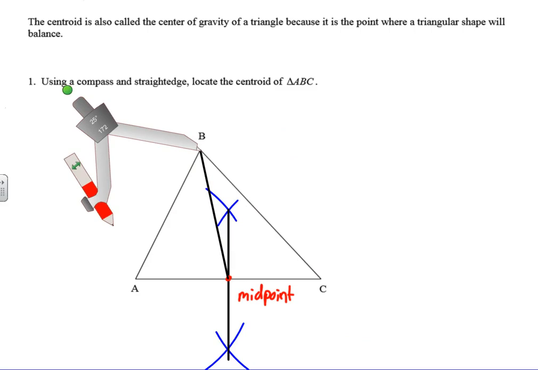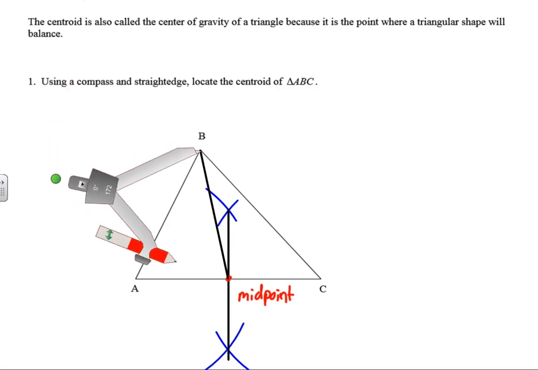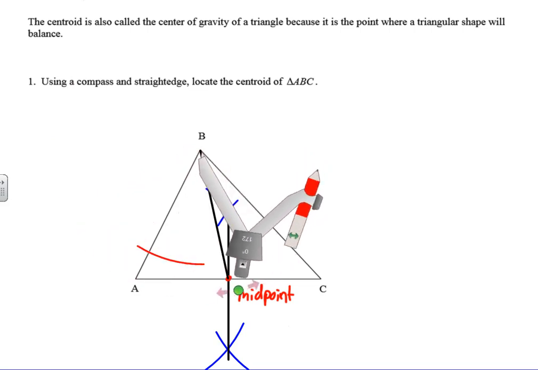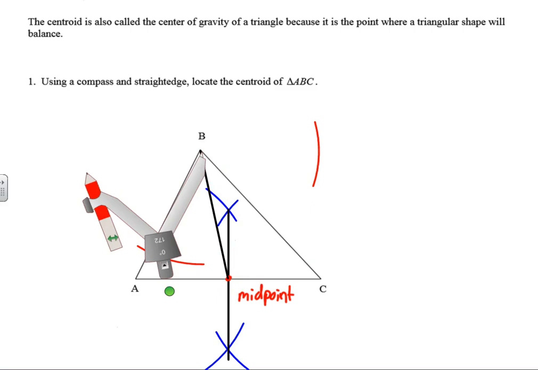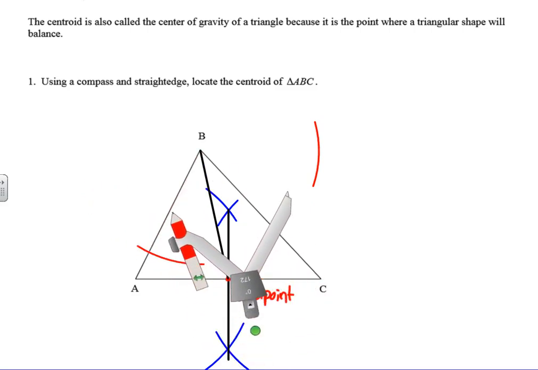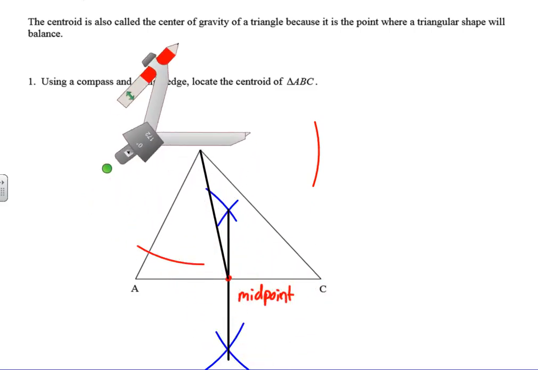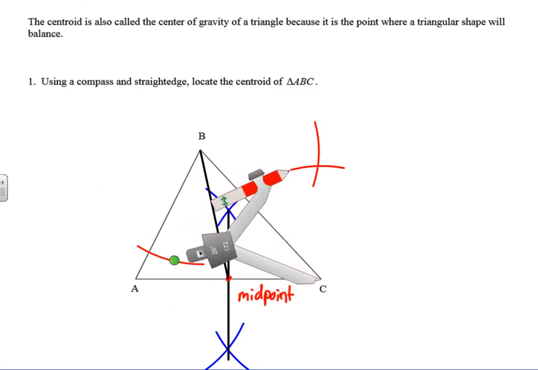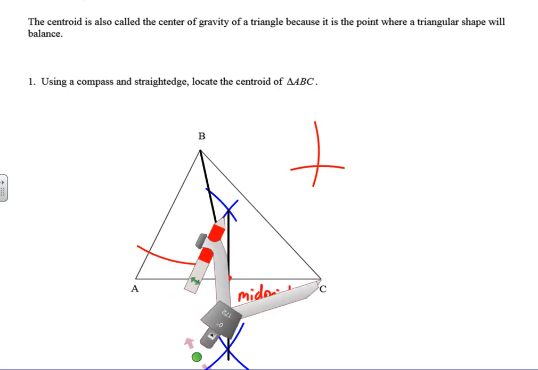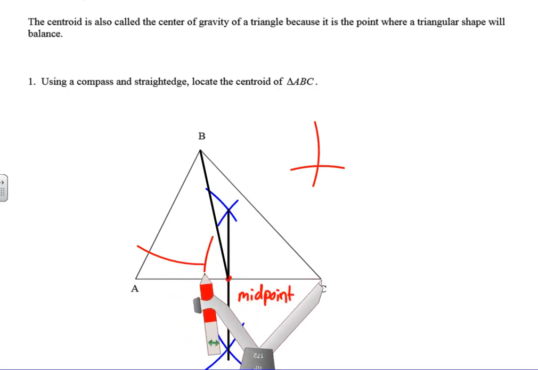Let's go ahead and do a second median. I'm going to do side BC. Again, we could do all three, but we don't have to do all three. Above and below the line, same compass setting. And we get here, so there, and did I draw enough of the other one?